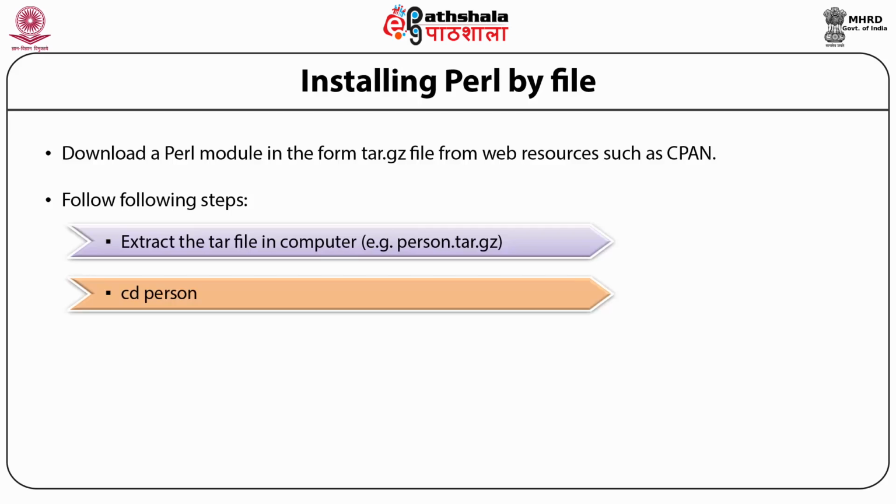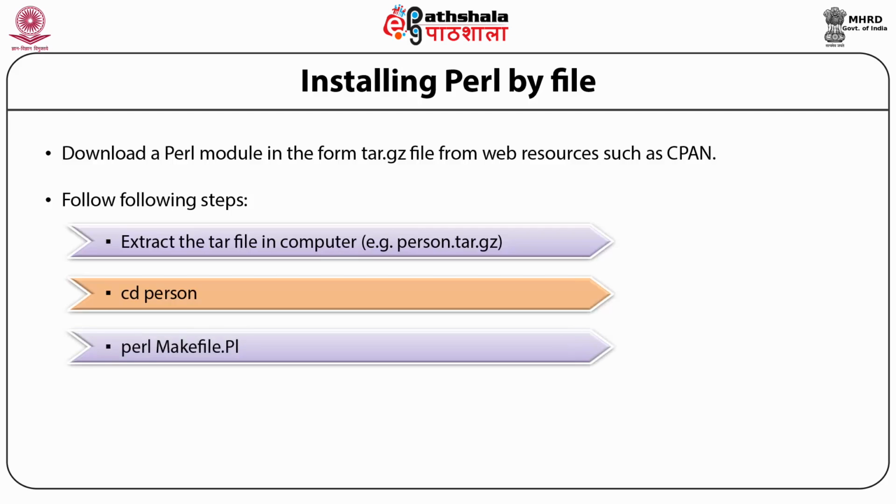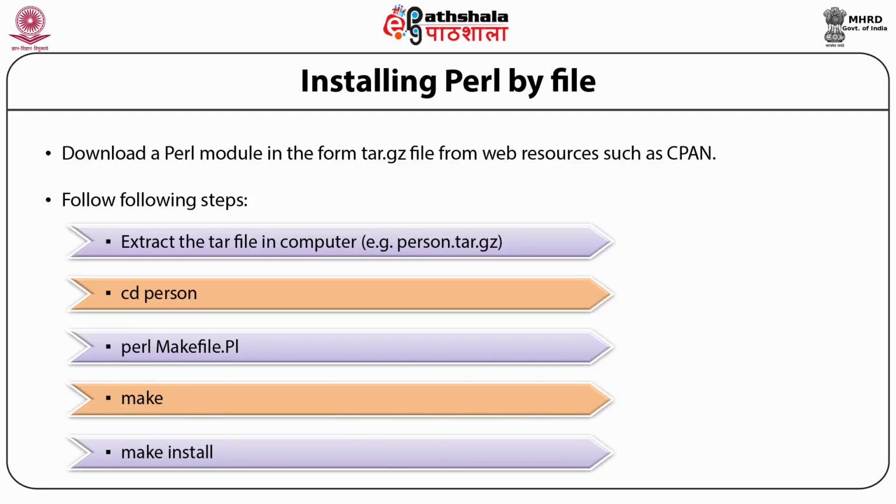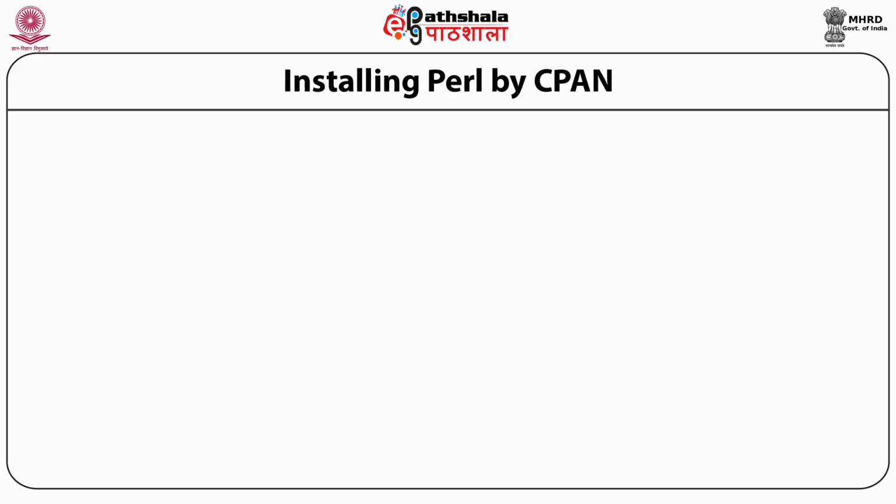In the module folder, there will be one Perl file, that is Makefile.PL. To run this PL file, we need to type the command in the command prompt: perl space Makefile.PL. After that, we need to type the second command, make, and to install, at last we need to type the command make space install.